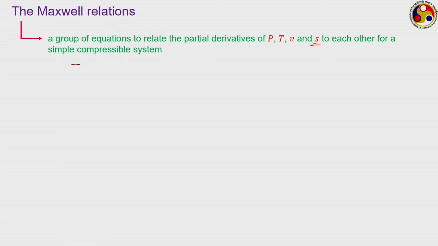The first equation was TdS is equal to du plus P dV, that is du equal to TdS minus P dV, or if we write in terms of extensive properties, dU equal to T dS minus P dV. That was the first TdS relation.